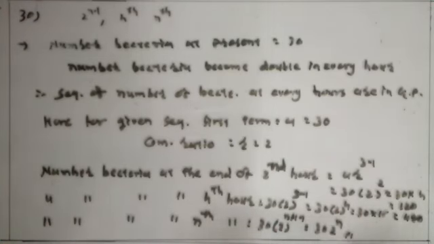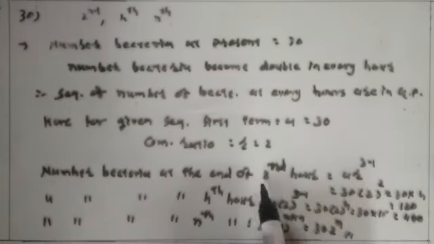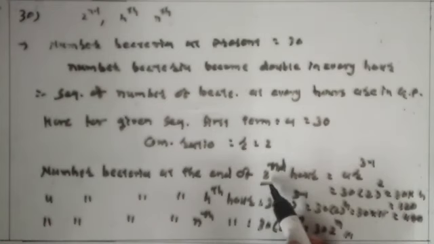Clear? So the number of bacteria at the end of the second hour is 120, at the end of the fourth hour is 480, and at the end of the nth hour is 30 into 2 raised to n. Clear?